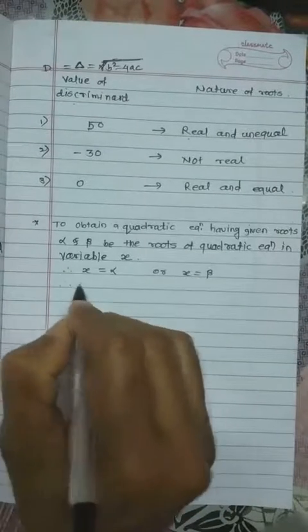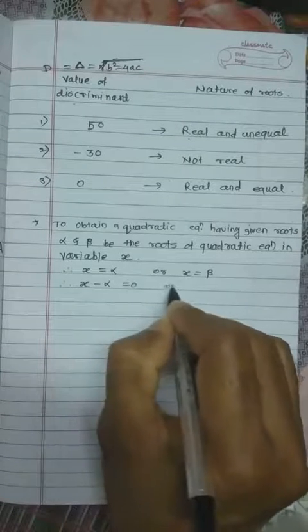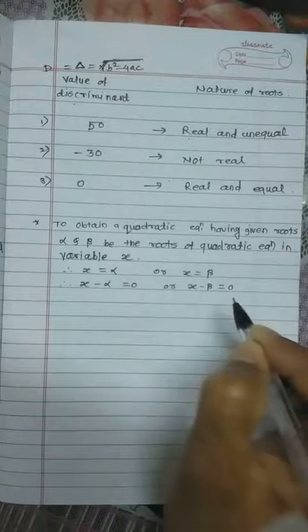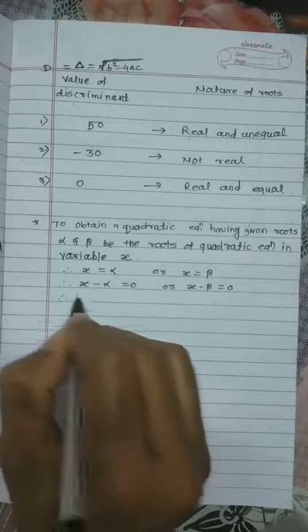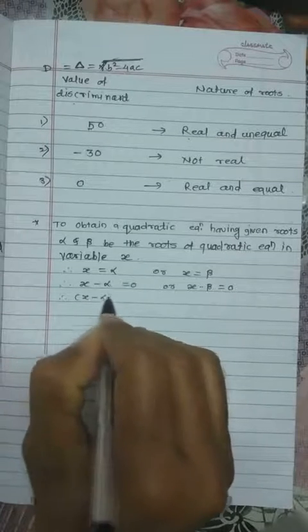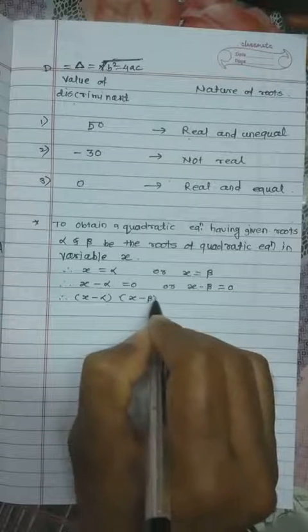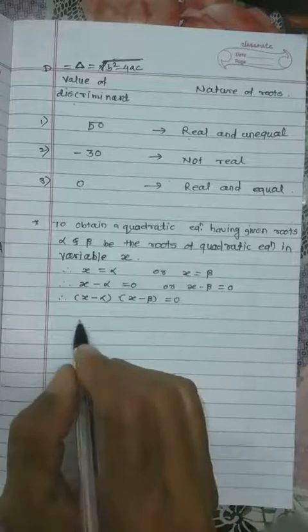Then x minus alpha is equal to 0 or x minus beta is equal to 0. Then x minus alpha into x minus beta is equal to 0.